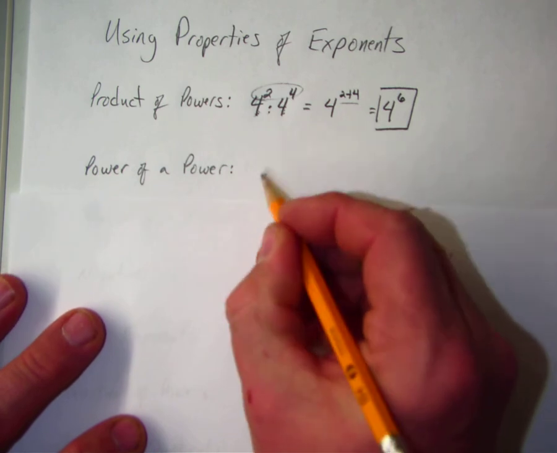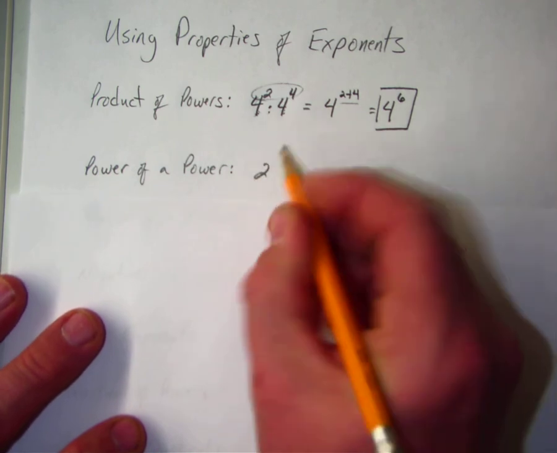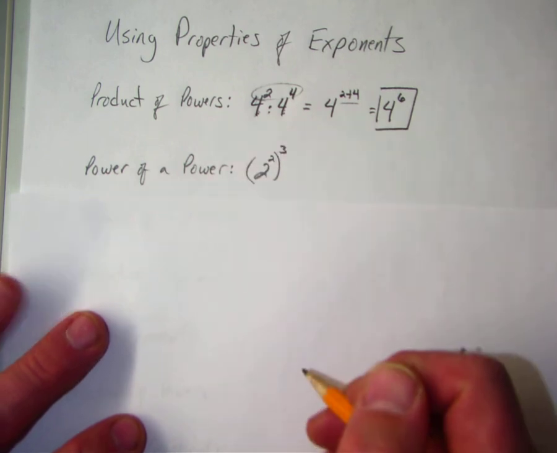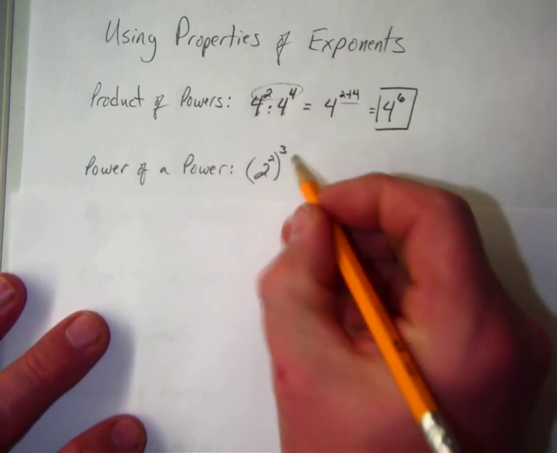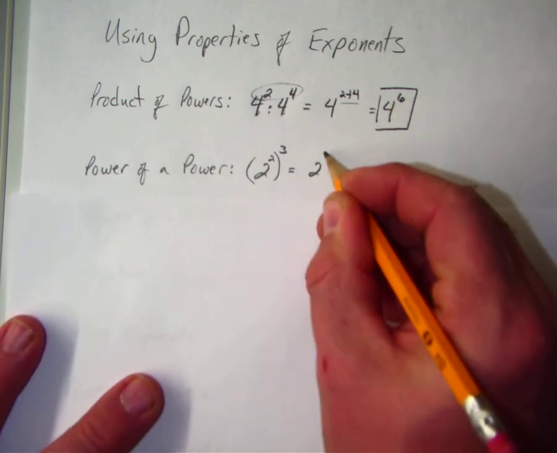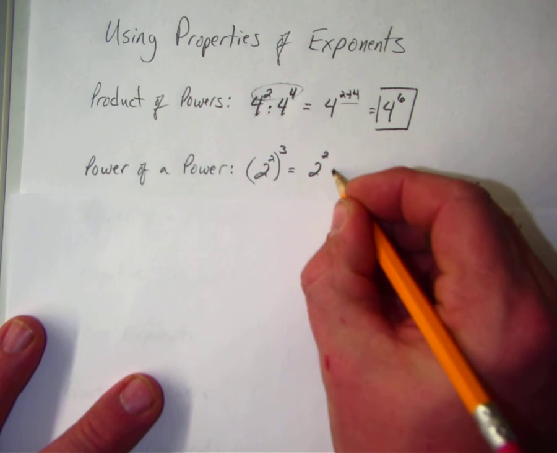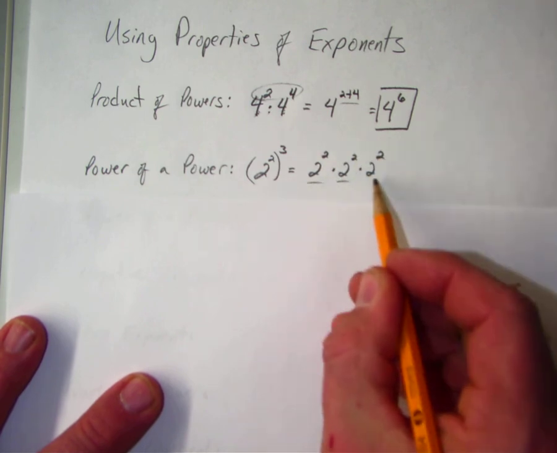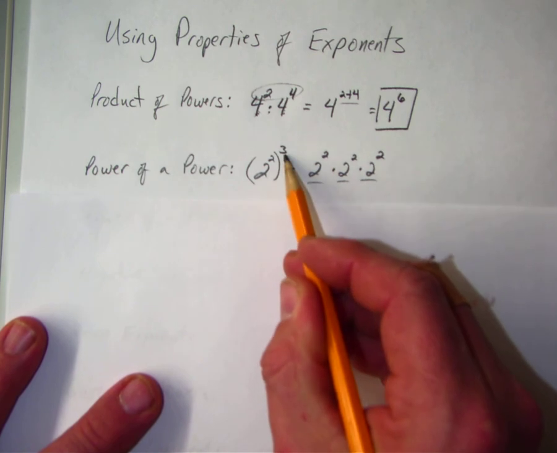All right, the next property is called the power of a power property. For example, if I had 2 squared, then I'm cubing the whole thing. So 2 squared cubed. What that means is 2 squared times 2 squared times 2 squared. 1, 2, 3. That gives me the 3.